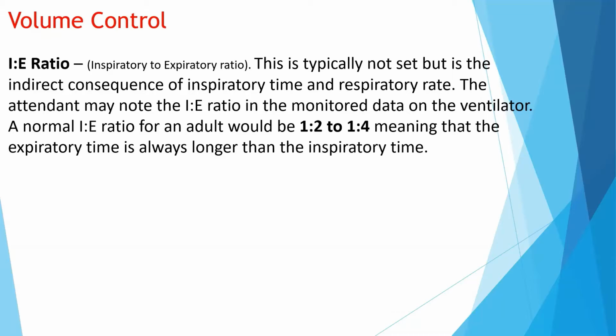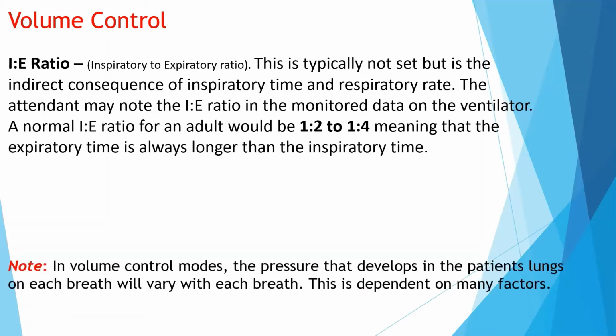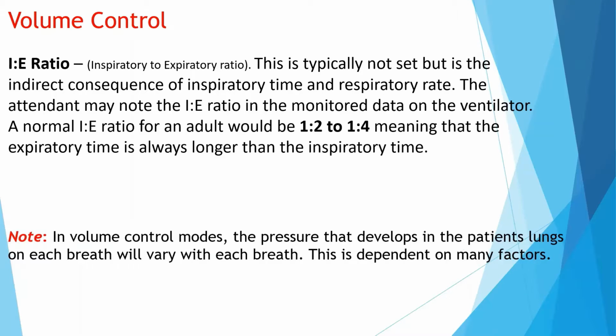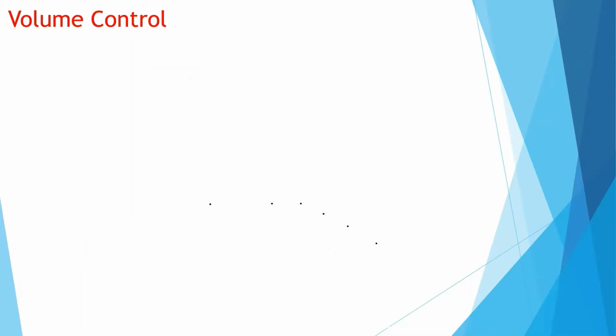A normal IE ratio for an adult would be between 1 to 2 to 1 to 4, meaning that expiratory time, the second number, is always longer than inspiratory time. Note, in volume control modes, the pressure that develops in the patient's lungs on each breath will vary with each breath. This is dependent on many factors.